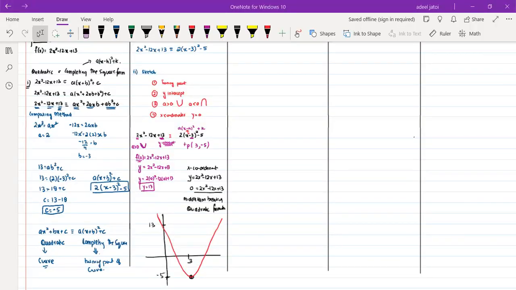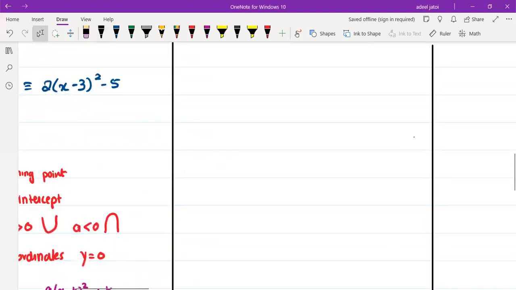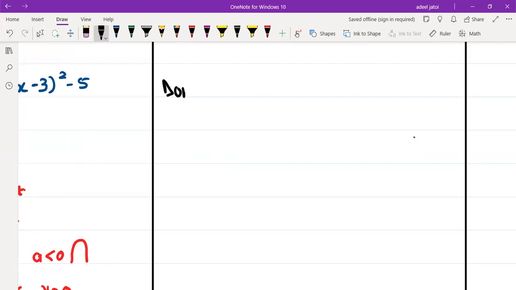Now, what we initiated with was quadratic to completing the square form, then completing the square form to turning point, y-intercept, and obviously knowing that it is a U-shaped curve or an N-shaped curve. Now, if the domain of the question is x is an element of real numbers, that means this is a limitless domain.